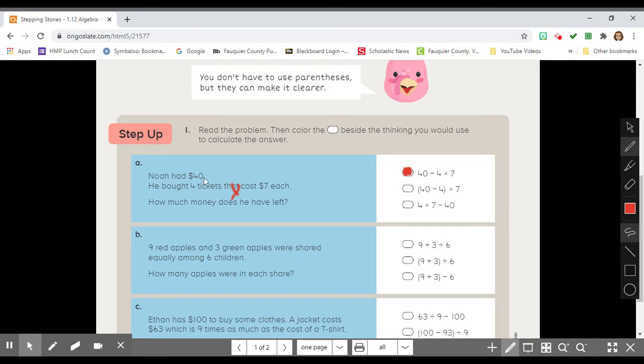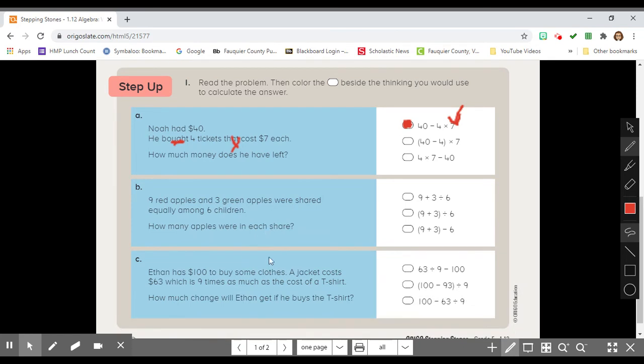I began with 40, and I bought, which I'm subtracting from 40, this 4 times 7. So this is my best one. So this is correct. So you need to go through these 2.